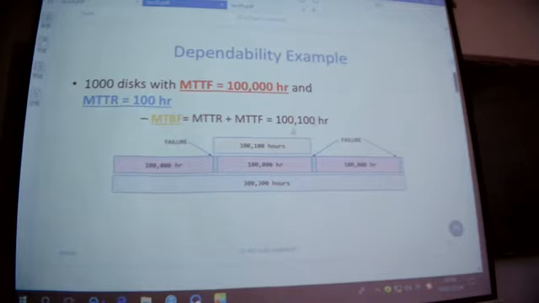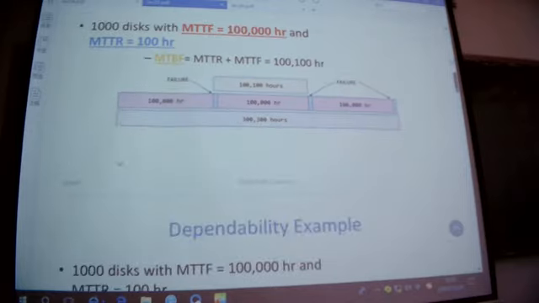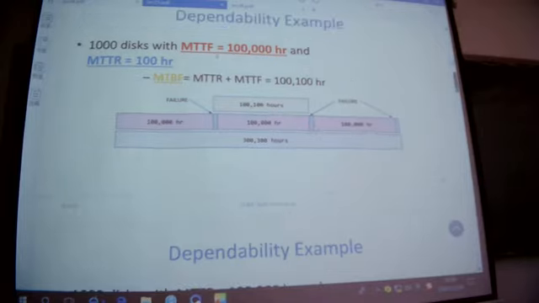So 100 hours is a small number compared to 100,000 hours. MTTR is little, MTTF is big. You can see blue has a little slice. Most of the time is MTTF.